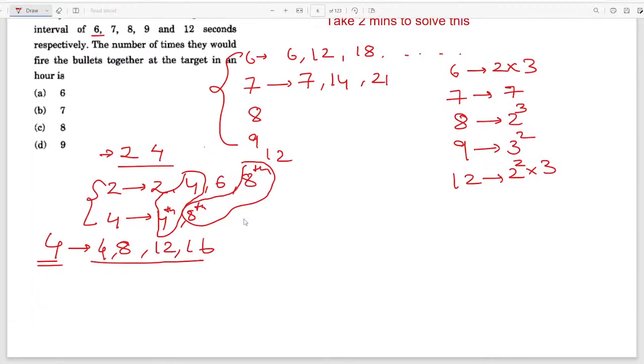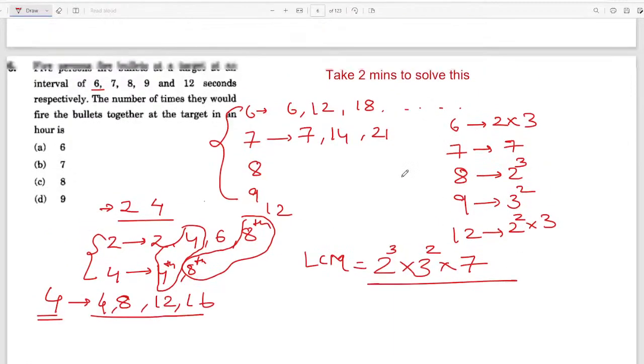To calculate the LCM, you have to find the prime numbers and choose the one which has the highest power. That gives 2 cubed, 3 squared, and there is no 5, next is 7 itself. The LCM would be 2 cube into 3 square into 7.